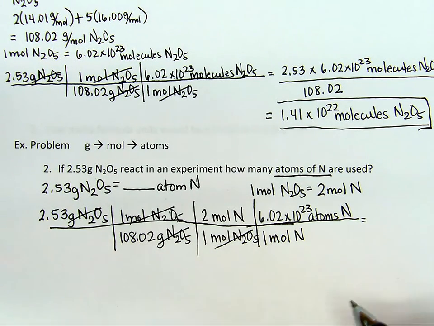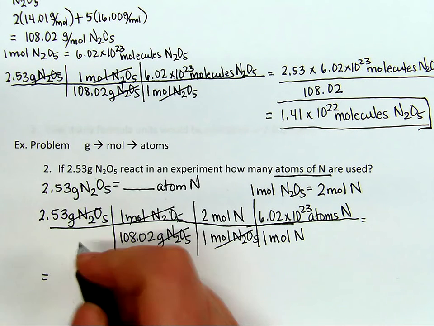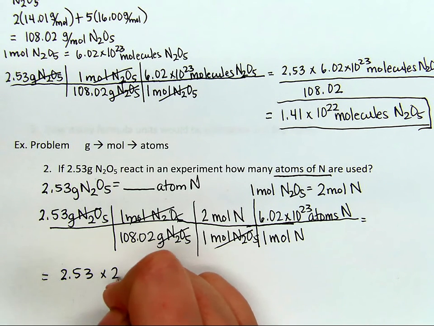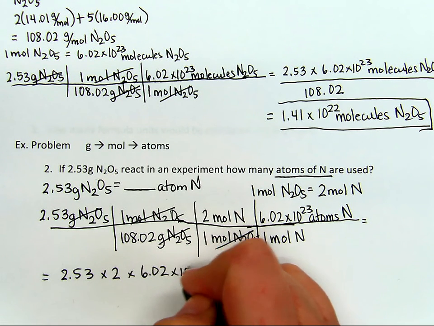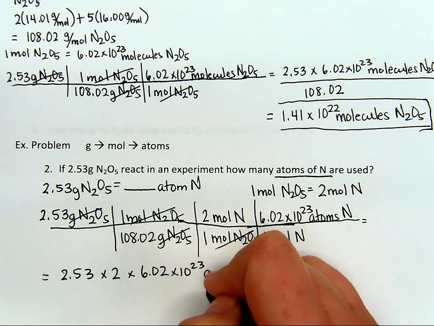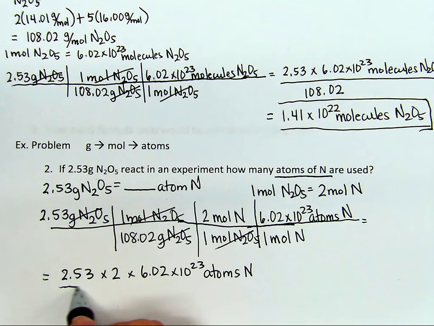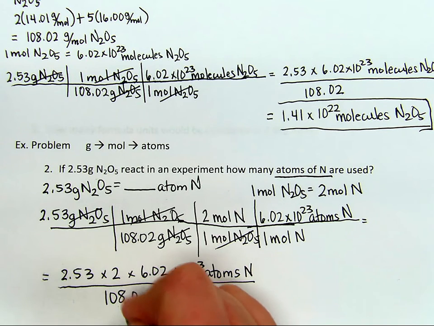So what does that mean? That means we're going to take our 2.53 times 2 times 6.02 times 10 to the 23rd atoms of nitrogen, and we're going to divide that by 108.02.